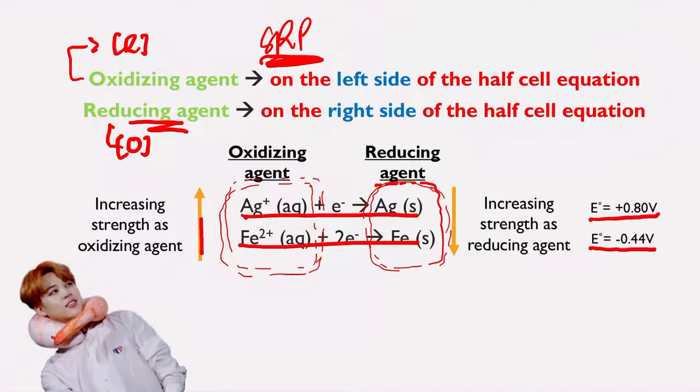Okay, so going up the SRP table, the increasing strength as oxidizing agent, the stronger the oxidizing agent is. Maksudnya it has a higher ability to be reduced.